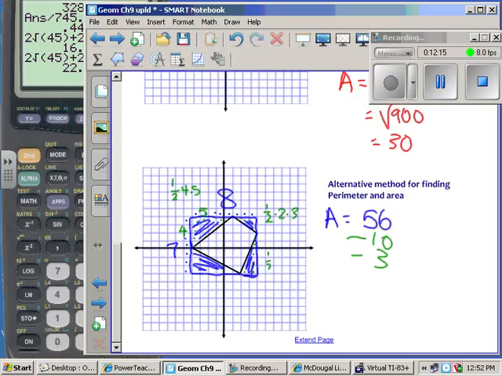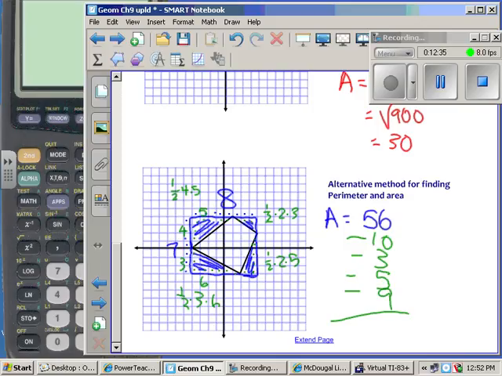So 1/2 times 2 times 5, which is 5. And this is 1, 2, 3, and 1, 2, 3, 4, 5, 6. 3 by 6, so 1/2 times 3 times 6, which is 9. Add those all up, I get 27. 56 minus 27 is 29. So the area of my shape in here is 29.